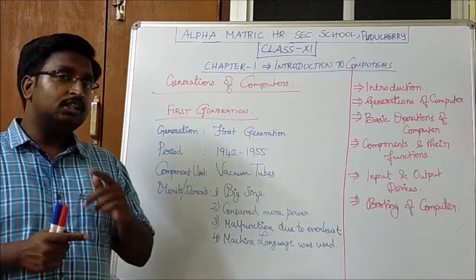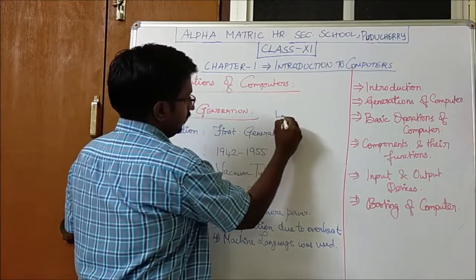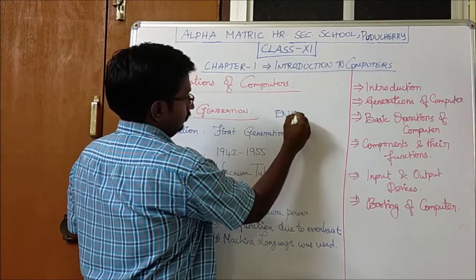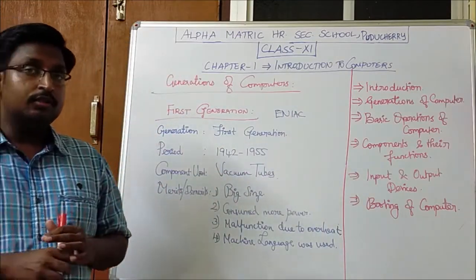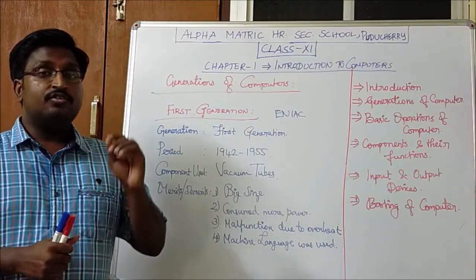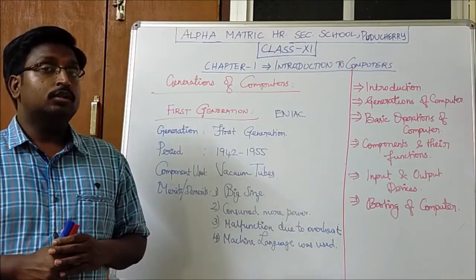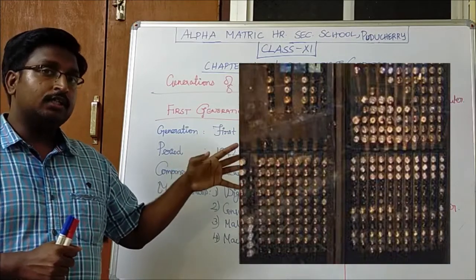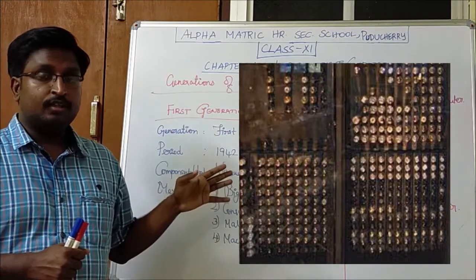The first digital computer, they called it ENIAC. This is the first digital computer where they have used 17,000 vacuum tubes. This is the image of the ENIAC, and you can see the vacuum tubes used.